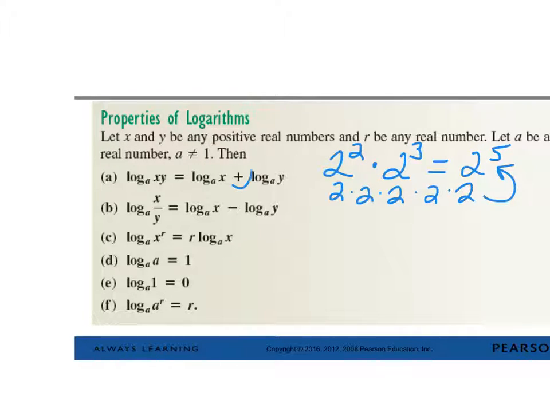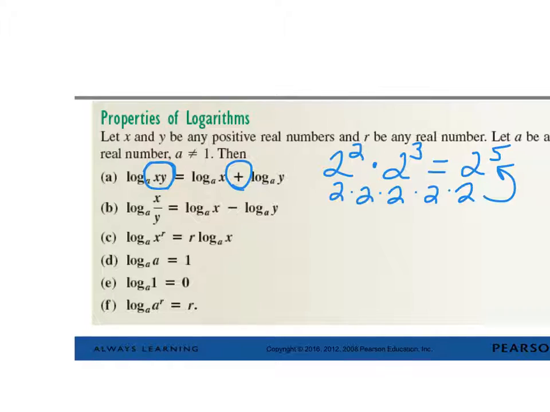So we add the exponents. For that reason, because of the exponent rule that says you add the exponents, you can add the logarithms if you can break what you're taking the log of down into 2 separate factors.